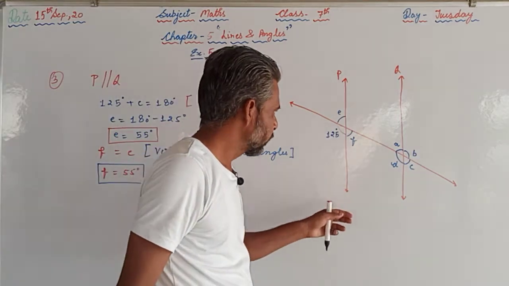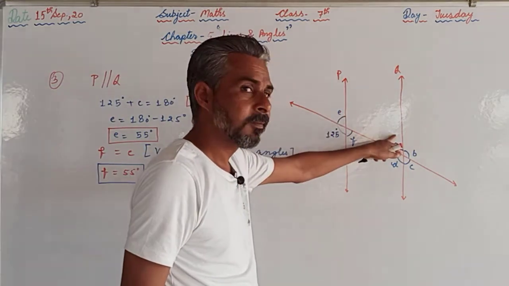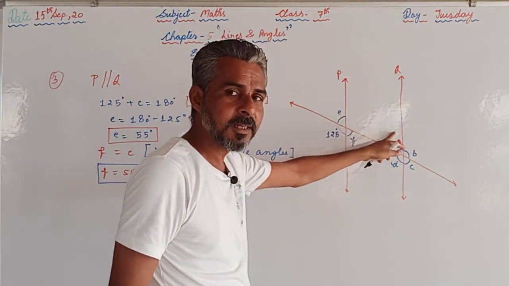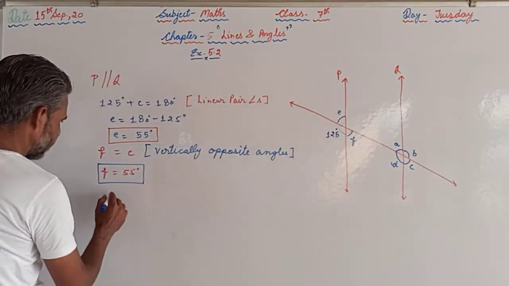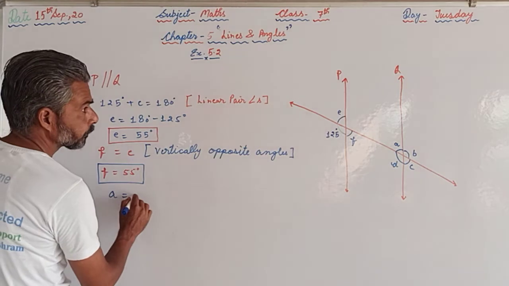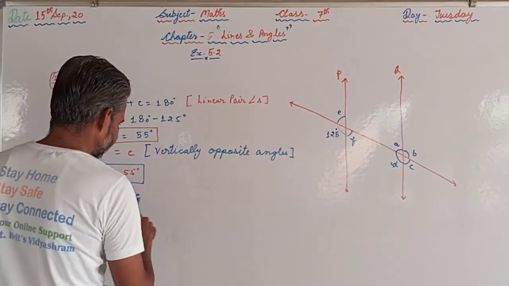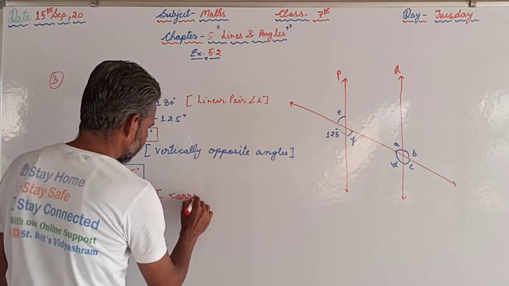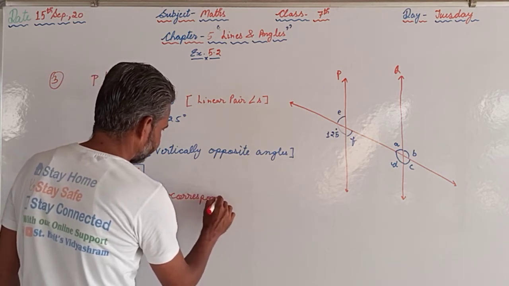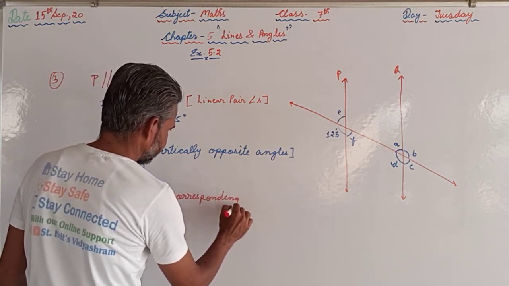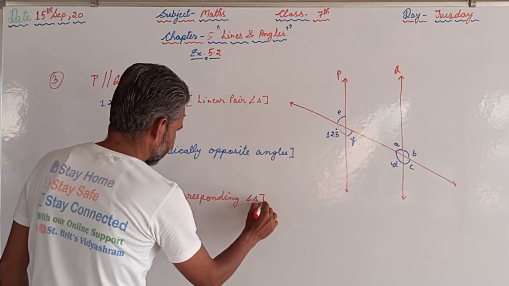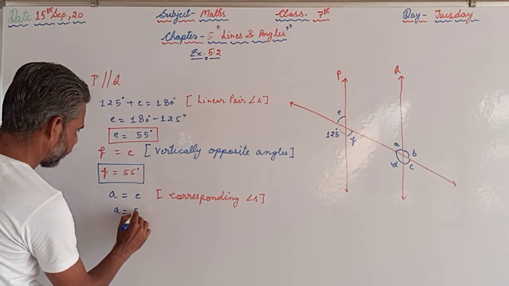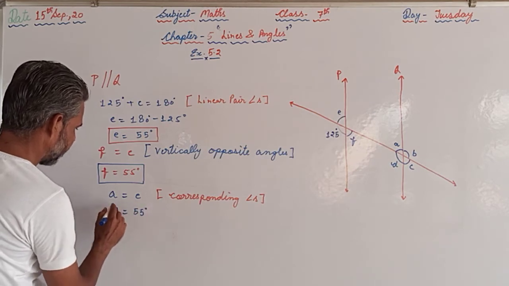Now E will be equal to A as well. Why? Because these two angles are corresponding angles. So from here we can write A is equal to E. Why? Corresponding angles. So A will be equal to 55 degrees.